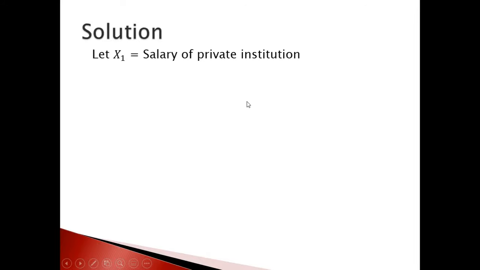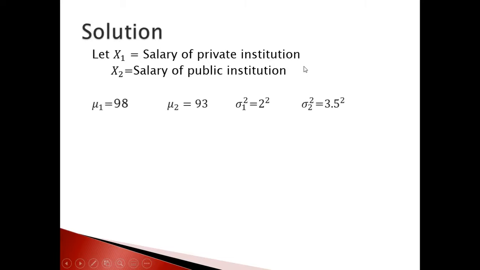First, we have to pick what our x1 is. We have to denote it. So I'll consider x1 is the salary of private institution, x2 is the salary of public institution. I can get my mu1 from the problem as 98, mu2 is 93.